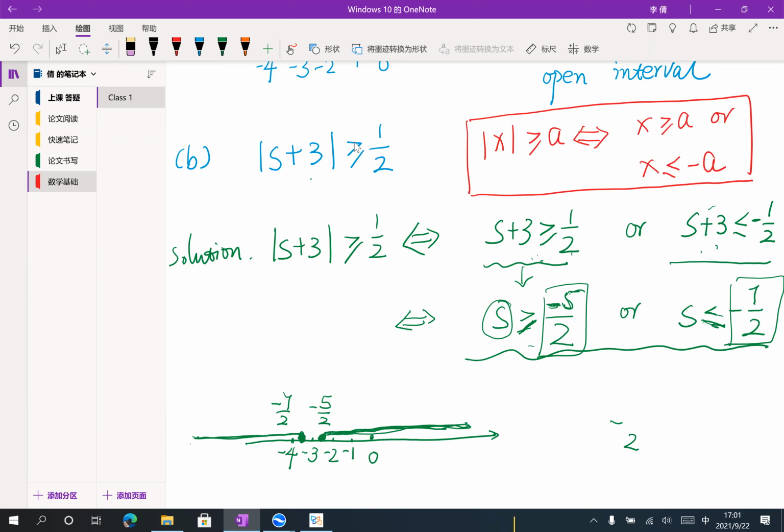If we write this as an interval, it will be from negative infinity to negative 7 over 2, union negative 5 over 2 to positive infinity. Sorry, because it can be equal to, this is a bracket.